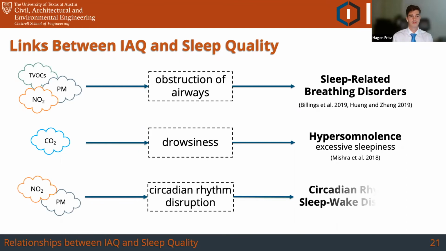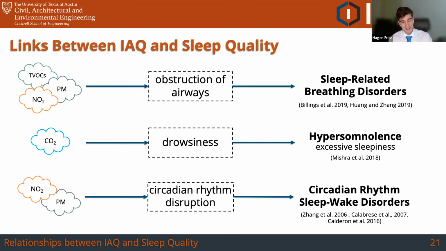And then you get to pollutants like NO2 and particulate matter, and especially ultrafine particulate matter that can penetrate the blood-brain barrier and start to mess with the neurotransmitters in your brain. And so that starts to disrupt your normal circadian rhythm, which starts to influence how you sleep and the different stages that you hit during the evening. A good example of this are people who smoke a lot of cigarettes.